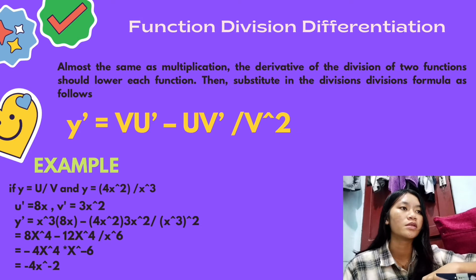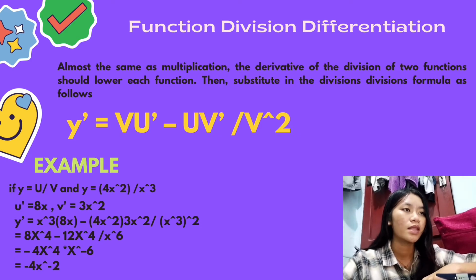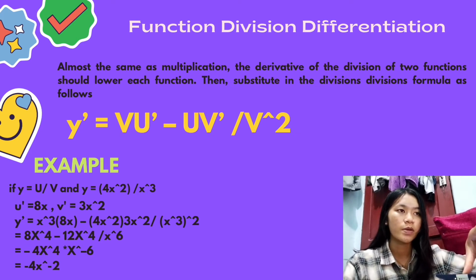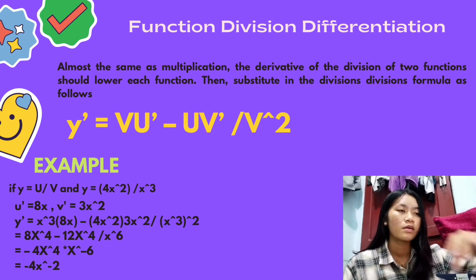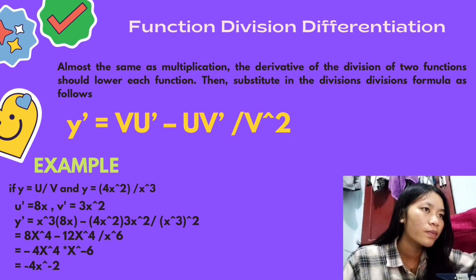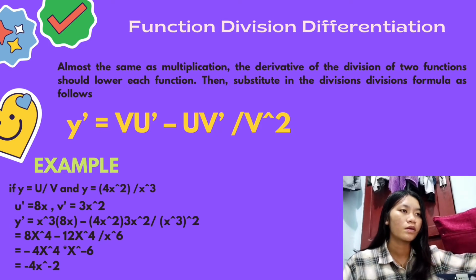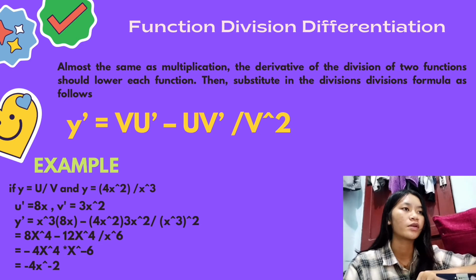Amongst the set of multiplication, the derivative of the division of two functions is shown as follows. Substitute the division formula as follows: f of x equals u of x over v of x, and f prime of x equals u prime v minus u v prime, over v squared.